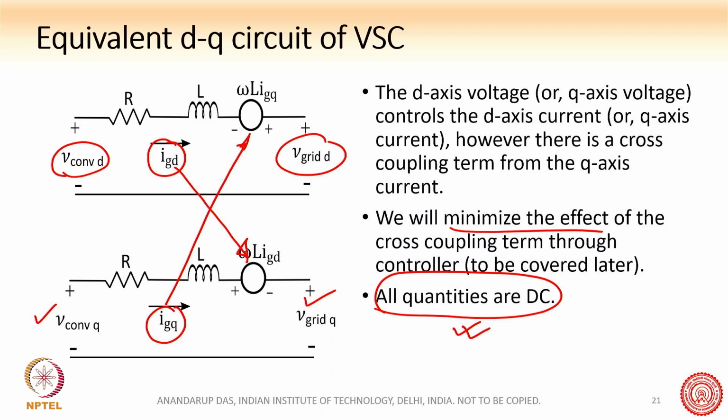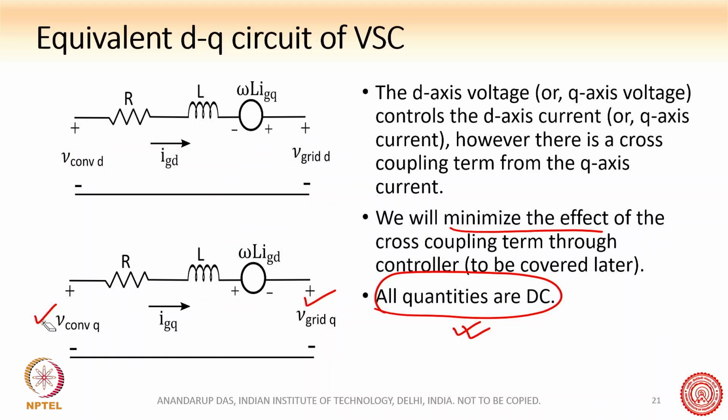This is important to note, because there is something coming out from here. If you look into this circuit carefully, we have a DC circuit here, right? Suppose by some way we can nullify the effect of these two.